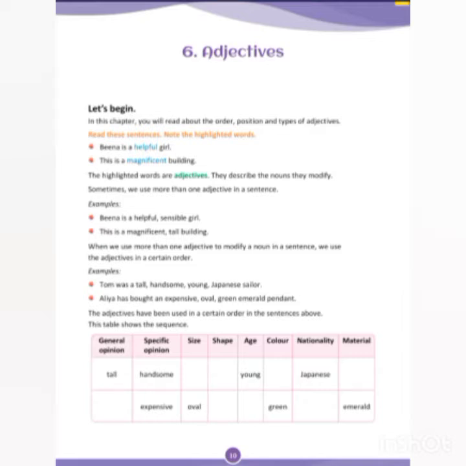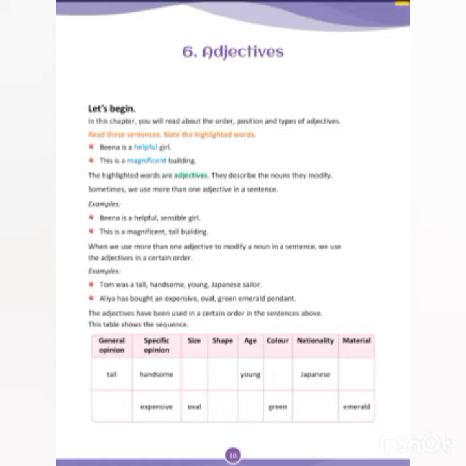When we use more than one adjective to modify a noun in a sentence, we use the adjectives in a certain order. So dear students, we just have to take care of the order, and if you remember these orders, the work will be very easy for you, how to keep the adjectives in a particular order.